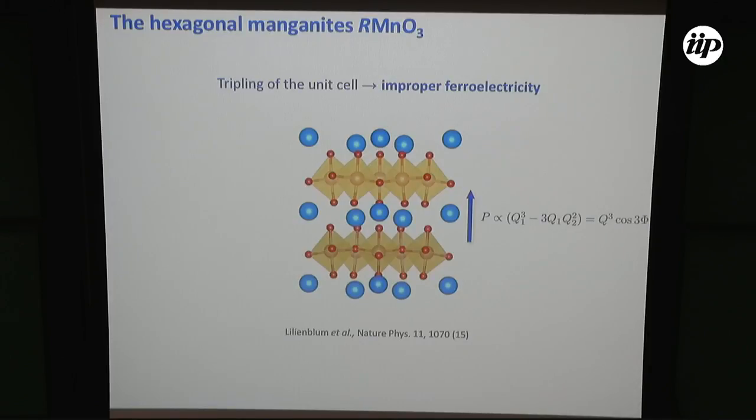And as a result of this distortion, there is a spontaneous polarization that we can interpret as a result of a coupling like this. Then the question is, what is this primary order parameter that produces this type of distortion and the trimerization of the lattice?